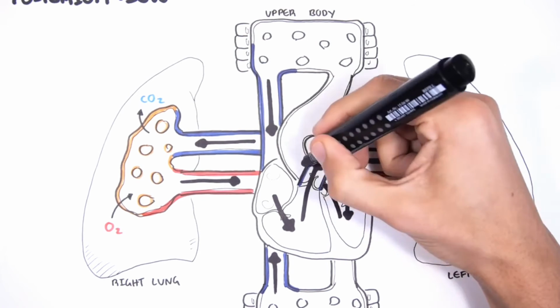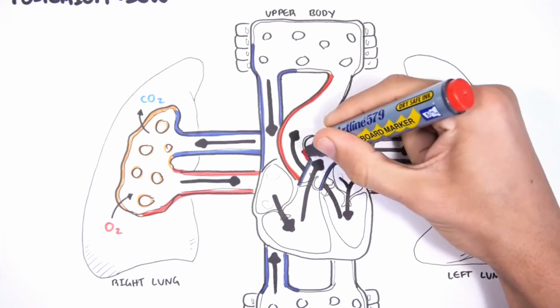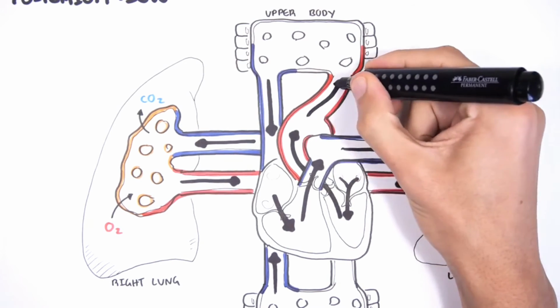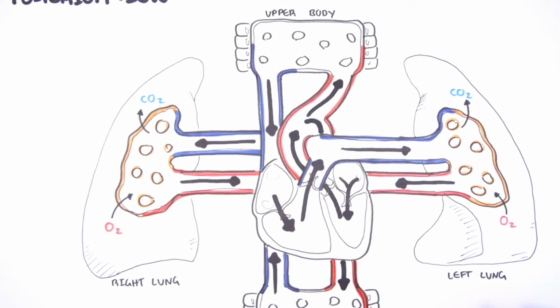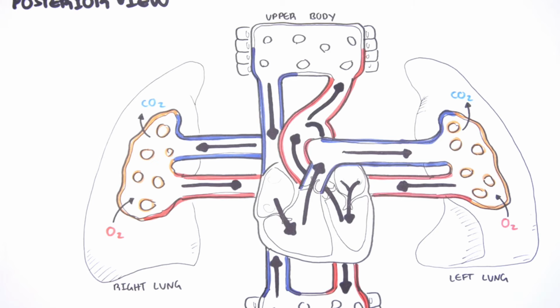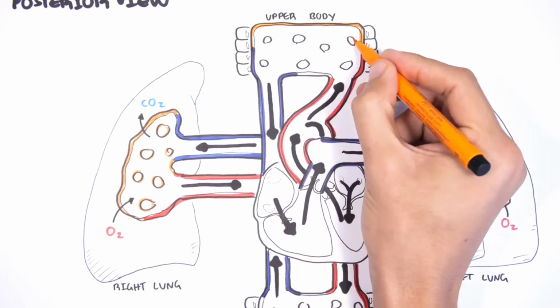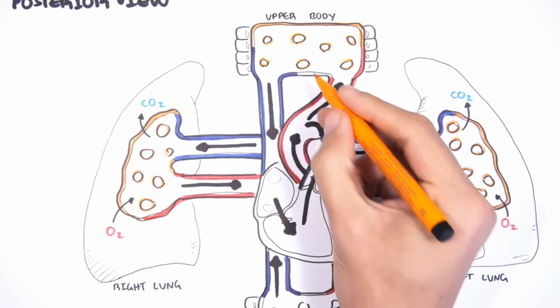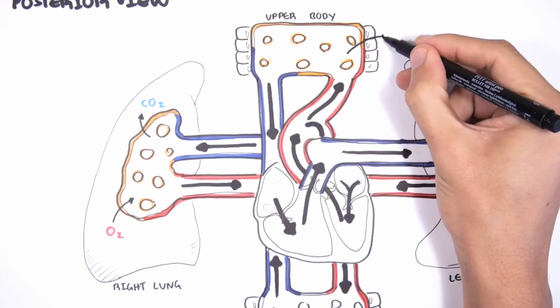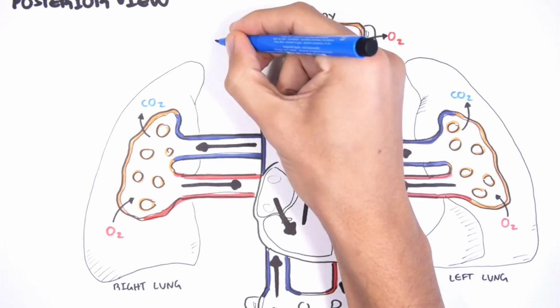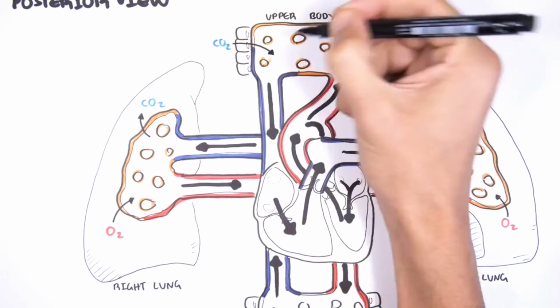And then from the left ventricle, the blood is pumped up the aorta to the upper body and to the lower body. And again, this oxygen will be delivered to the tissues here. Gas exchange occurs, represented in orange. Oxygen is offloaded to the body tissues, and as a byproduct, carbon dioxide is released back into the blood.